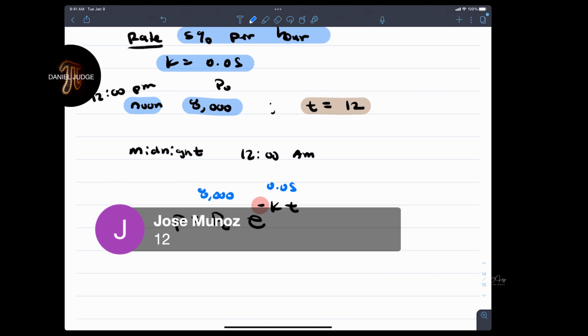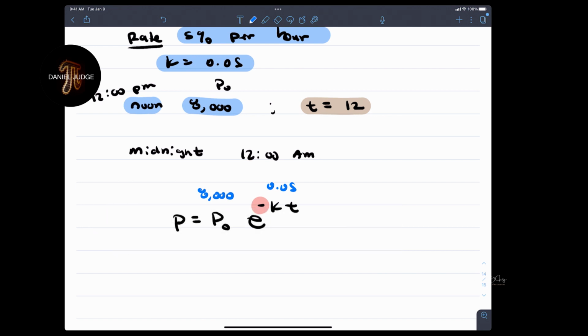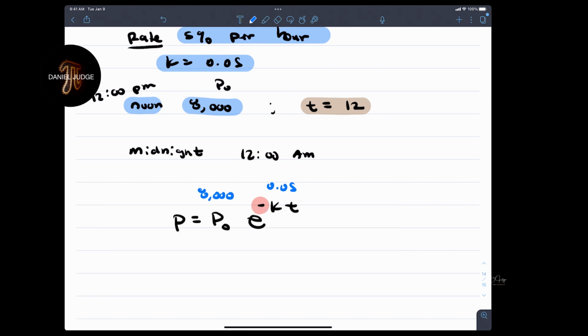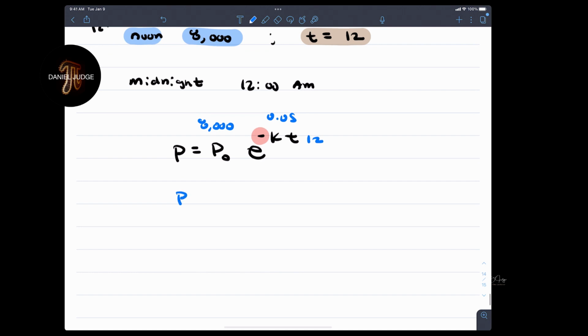It declines at 5%. That's 0.05. Time is, in fact, 12. So this is 8,000 e to the minus 0.05 times that 12 now.